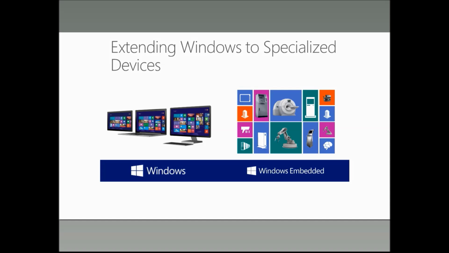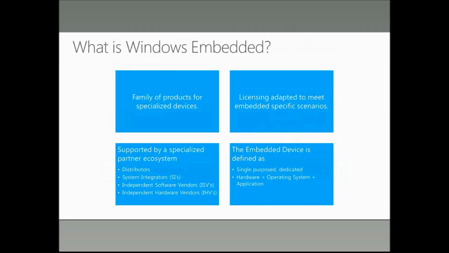So in detail, what do we offer? We offer first a family of products for specialized devices. We have a number of operating system products. I will go into a comprehensive list in the next slide. And we also have something that's very important. Software is really about licensing, and licensing is adapted from the Windows Embedded side to the needs of device manufacturers.